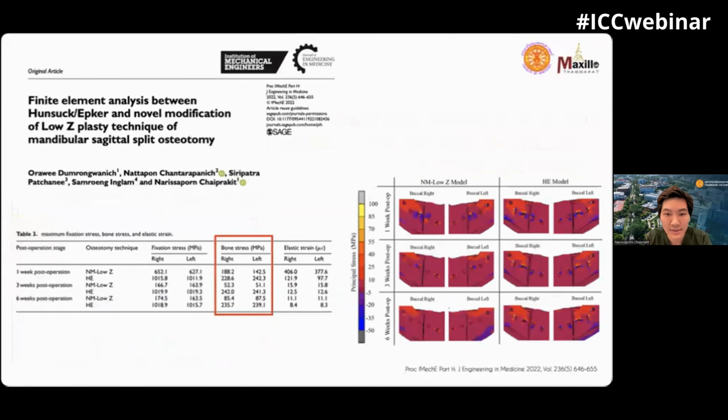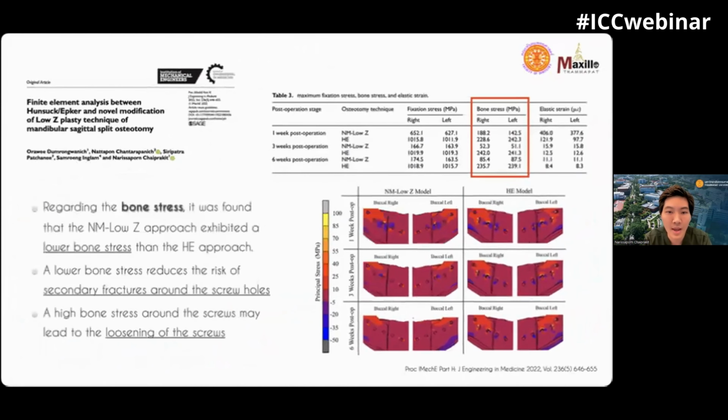Bone strain is the strain on the bone around the screw hole. The bone strain on the functional side of the NM-LowZ approach was lower than in the HE model, or Hunsuck-Epker model. Therefore, the fixation in the NM-LowZ approach may have a lower risk of screw loosening and failure, and a lower risk of secondary fracture in the mandible.